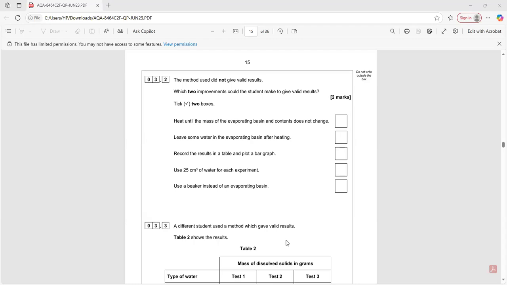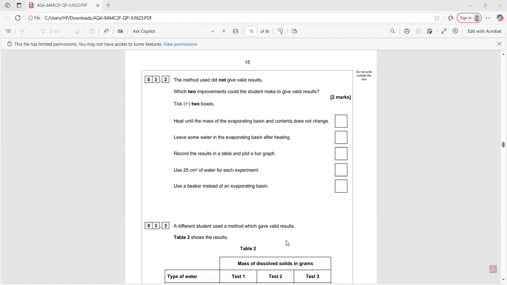It says leave some water in the evaporating basin. I don't think so, after heating. What else? Record results in a table and plot a bar graph. Okay, that's expected. And then it says use 25 cubic centimeters of water for each experiment. Okay.